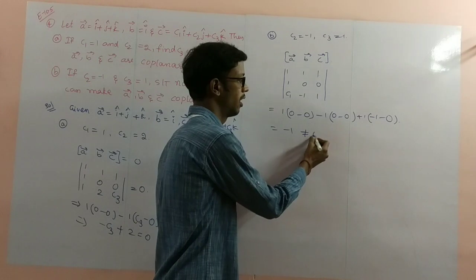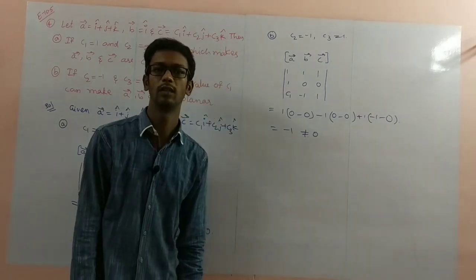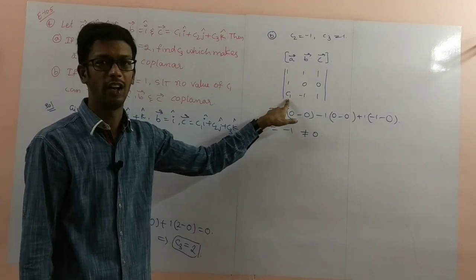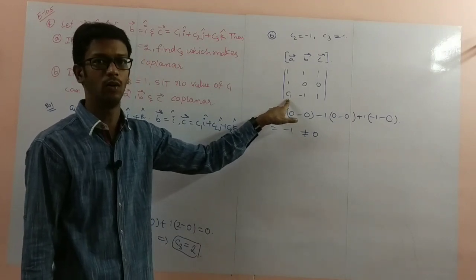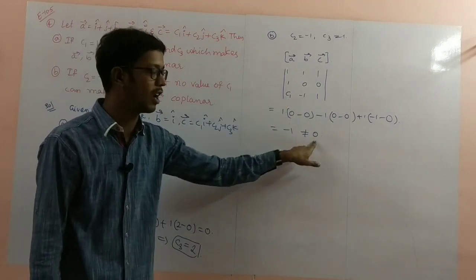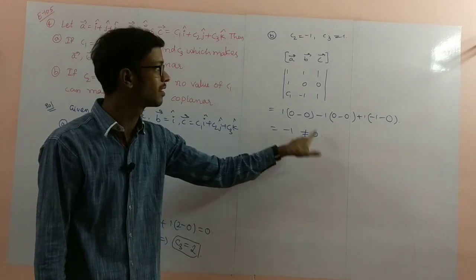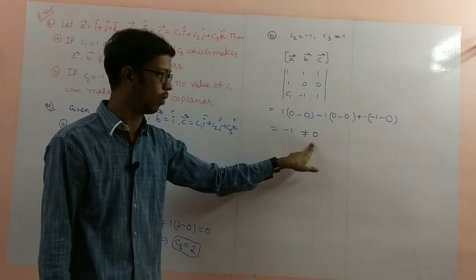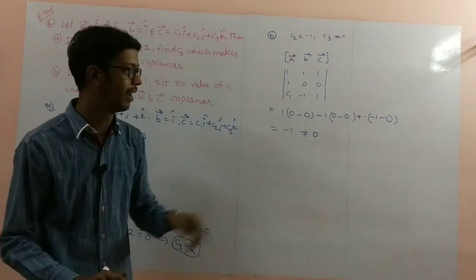This is not equal to 0. For any value of C1, substitute any value, the answer is not equal to 0. The box of A bar, B bar, C bar is not equal to 0, so it is not coplanar.